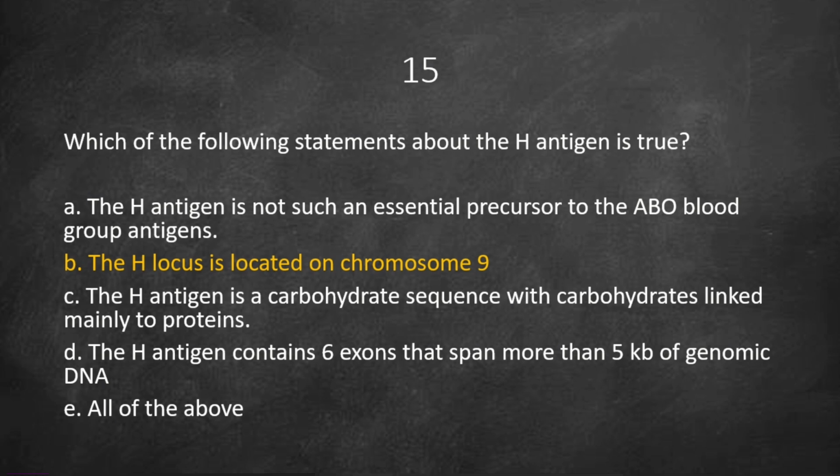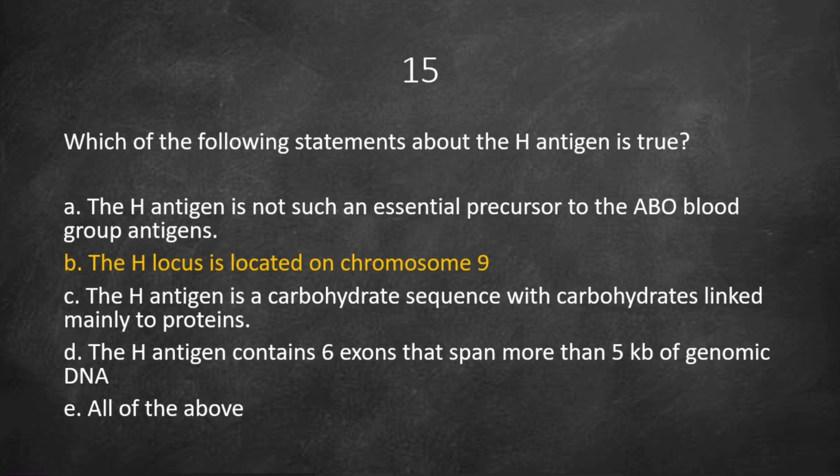Okay, so let's look at the options one by one. The first one is saying that the H antigen is not such an essential precursor to the ABO blood group antigens. This is incorrect, because the H antigen is indeed an essential precursor to the ABO blood group antigens.